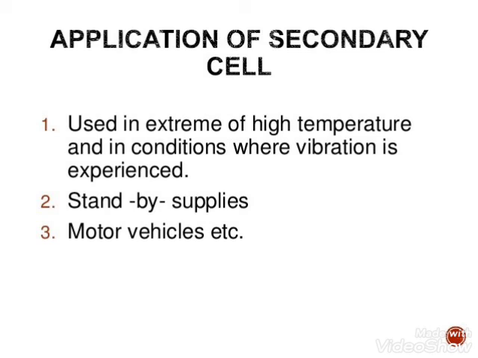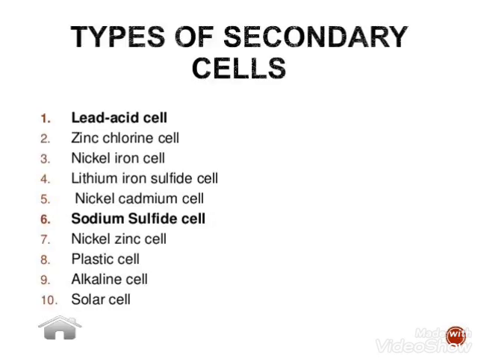Applications of secondary cells. What are the applications of secondary cells? They are used in extremes of high temperature and in conditions where vibration is experienced, and they are used in standby supplies or in motor vehicles. Just like we use generators and inverters in our home, they provide a standby supply of energy.